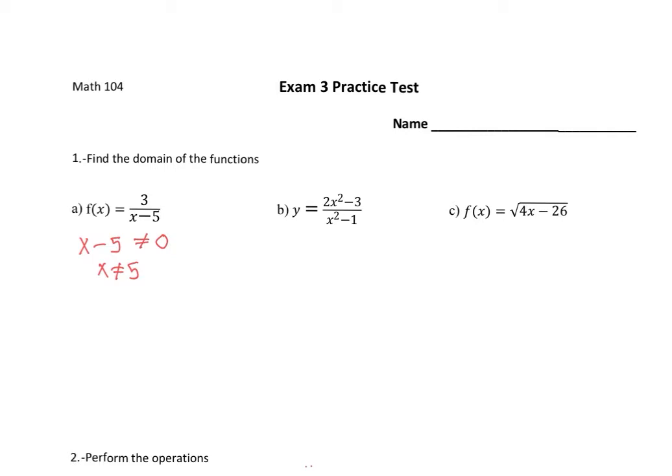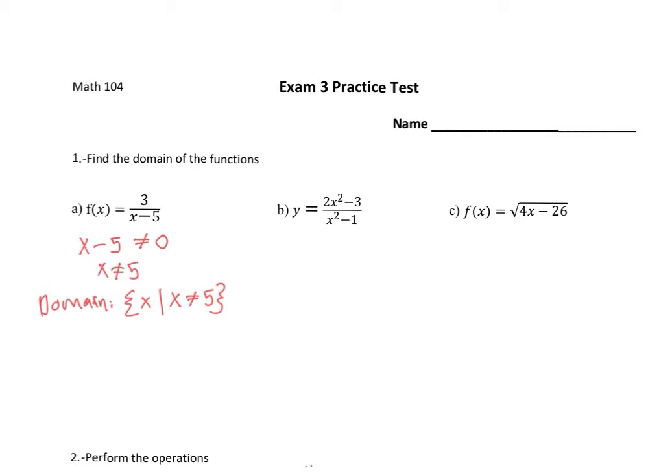So there's essentially our domain. If you write it in the correct notation, the domain would be that x can be all real numbers except for x cannot equal 5. That's a great way to write the domain when you want to show that it can be everything with one exception, one or two exceptions.